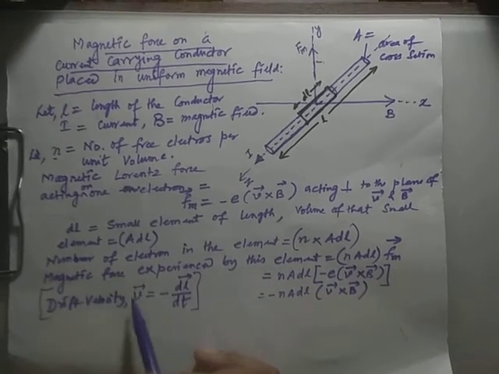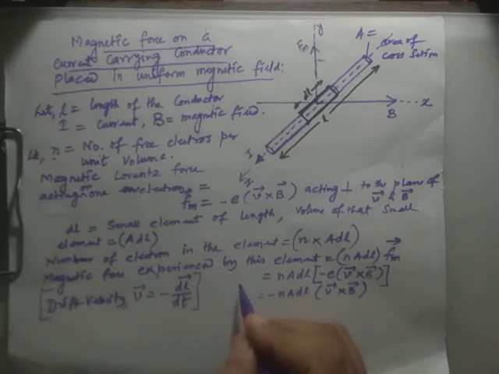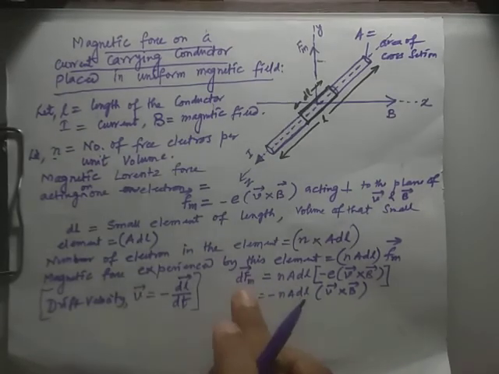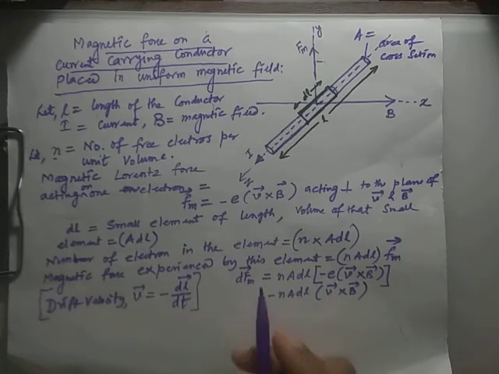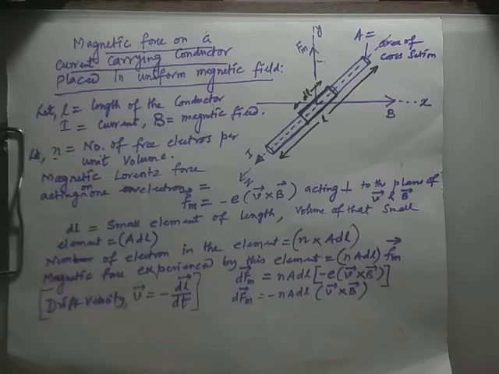Now the magnetic force experienced by the element you can write as dFm. See, this one is capital F, so also dFm, putting the value of v in this equation.